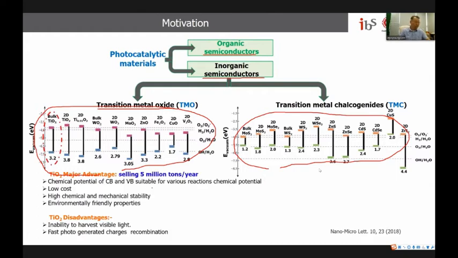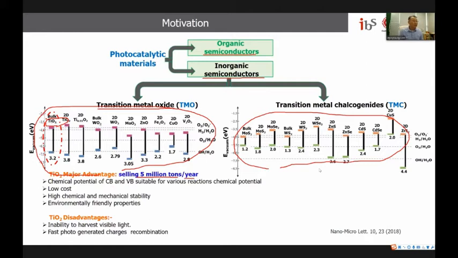Here, especially for TiO2, this is commercially sold at 5 million tons a year. So this is very unique. Why is this good? Because it is very stable on our Earth, and as a photocatalyst, this is one of the best materials. So people have been working on numerous TiO2 works.